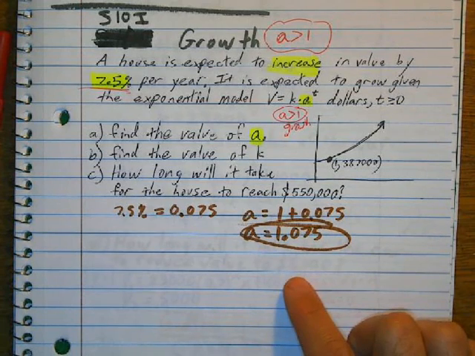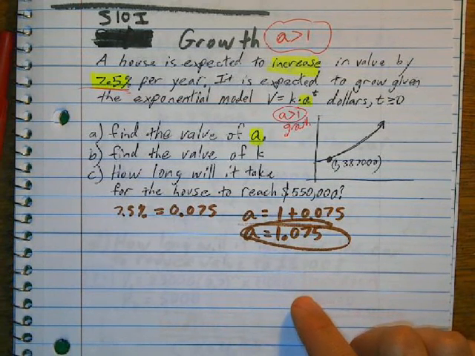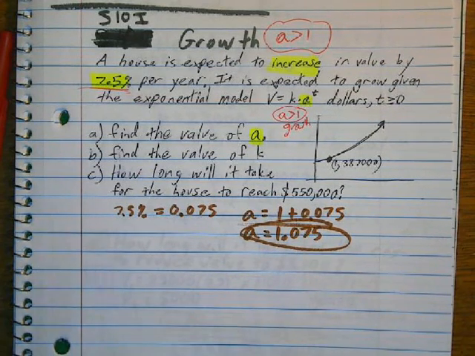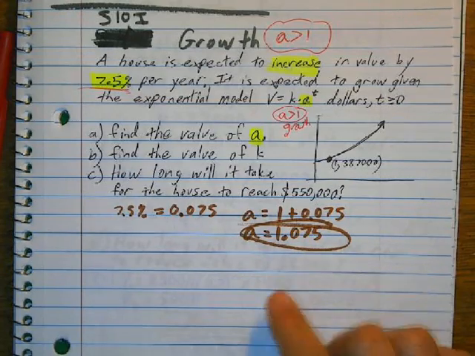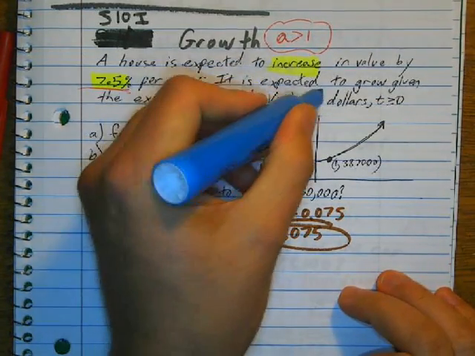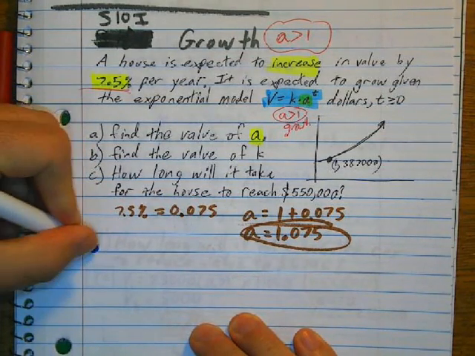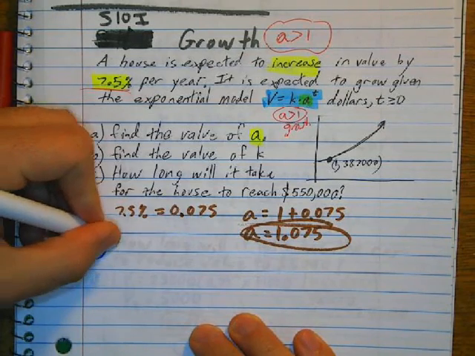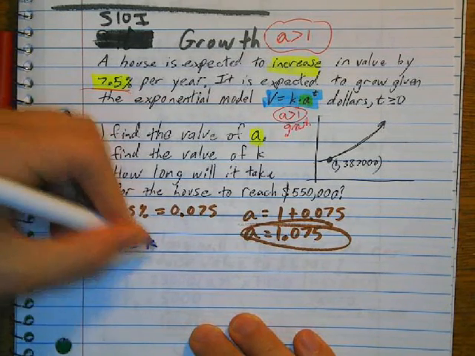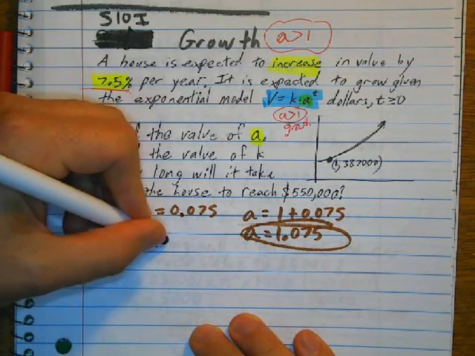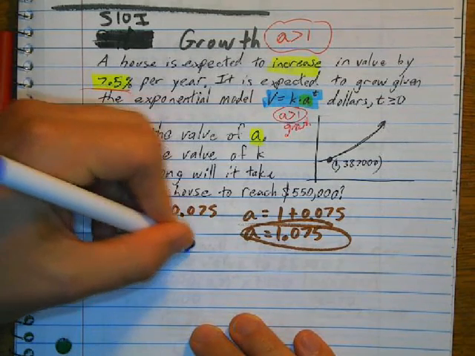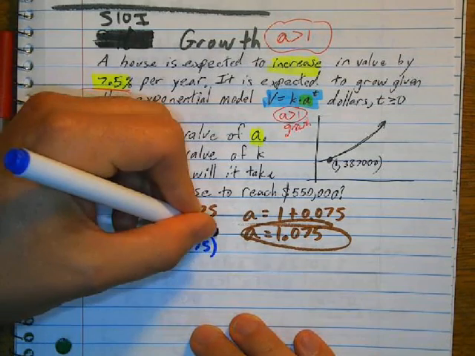Okay, so now question B says find the value of k. So since I'm trying to find k, I'm going to rewrite this formula. So for part B, I've got V equals k times 1.075 to the power of t.